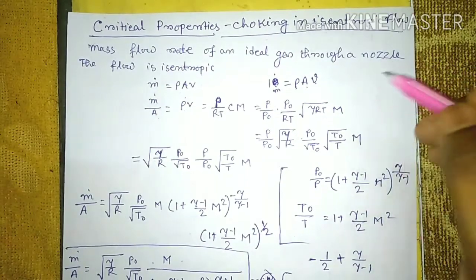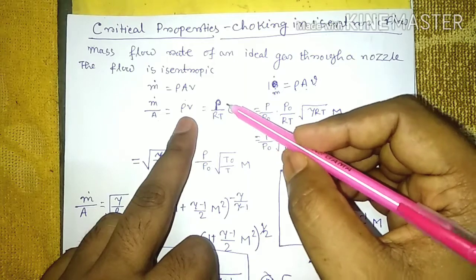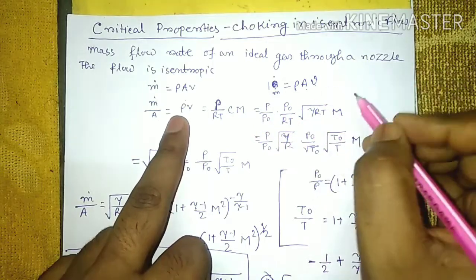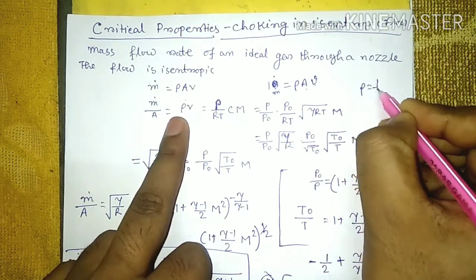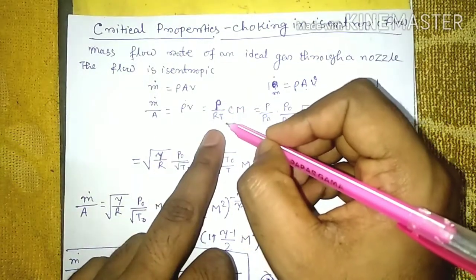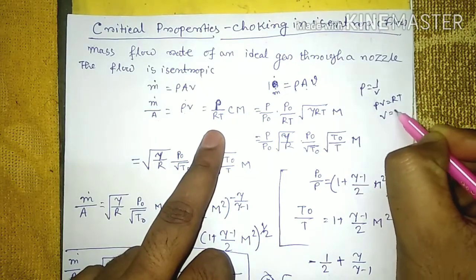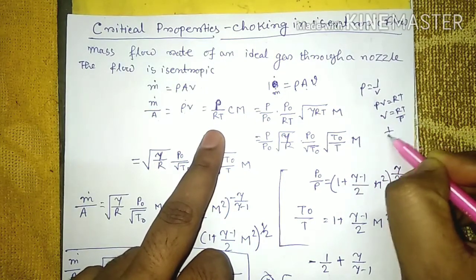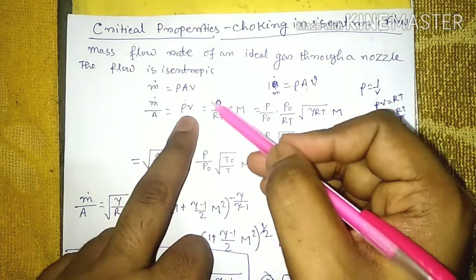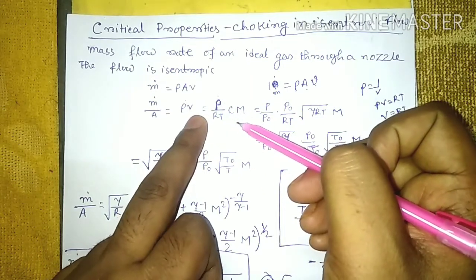Now we can write rho in terms of pressure and temperature. Rho is equal to 1 by v, and 1 by v is equal to P by RT, because Pv is equal to RT, so v is equal to RT by P. So in terms of rho, we can write rho V is equal to P by RT into V, where V is velocity.